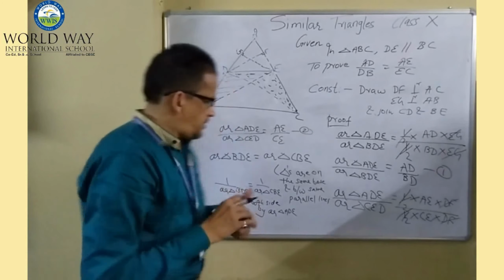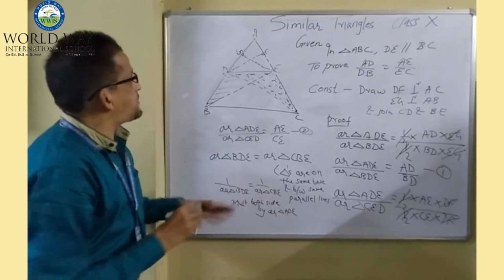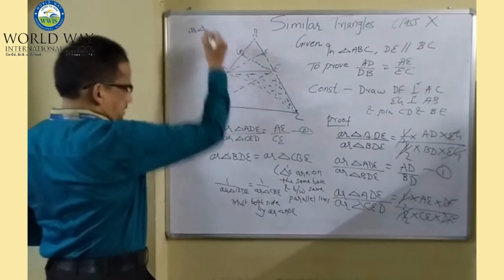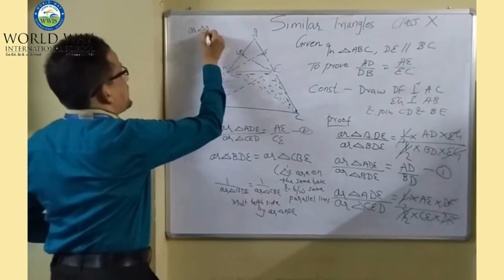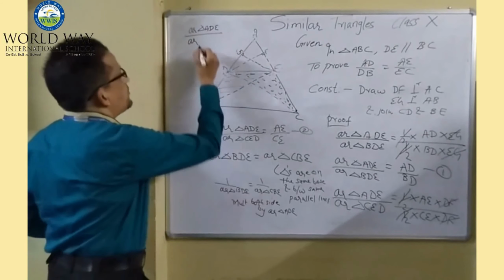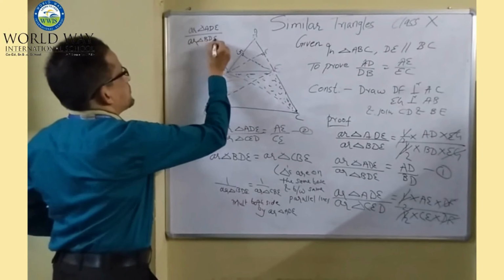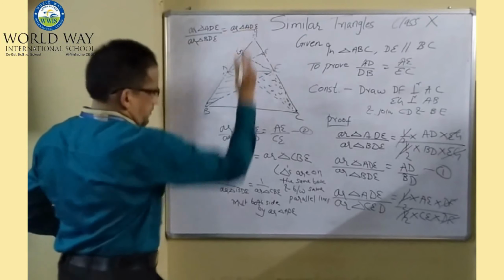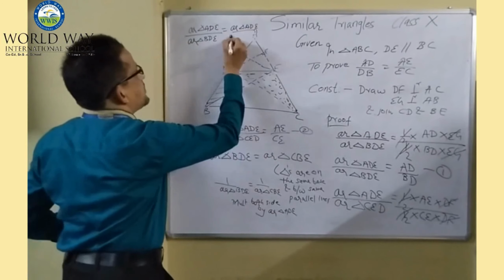So if we multiply both sides by area of triangle ADE, what is the result? Area of triangle ADE upon area of triangle BDE, and area of triangle ADE upon area of triangle CED.